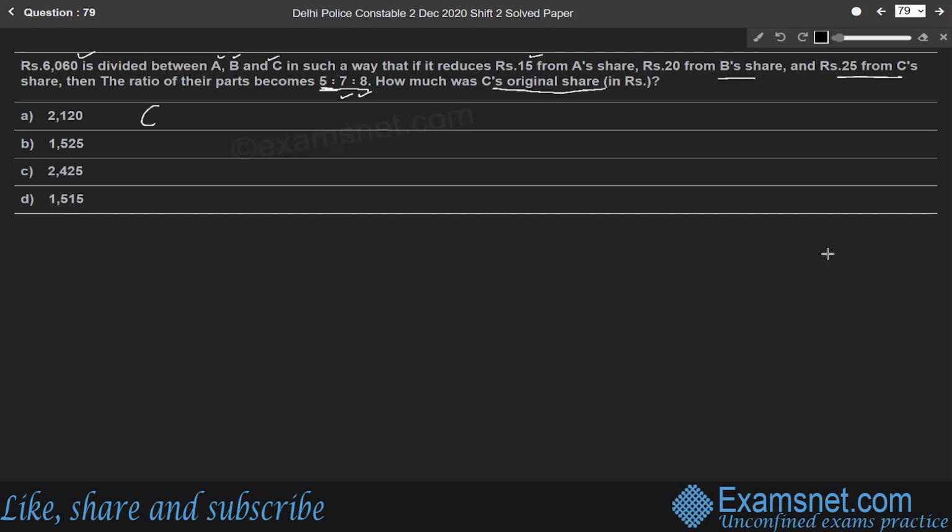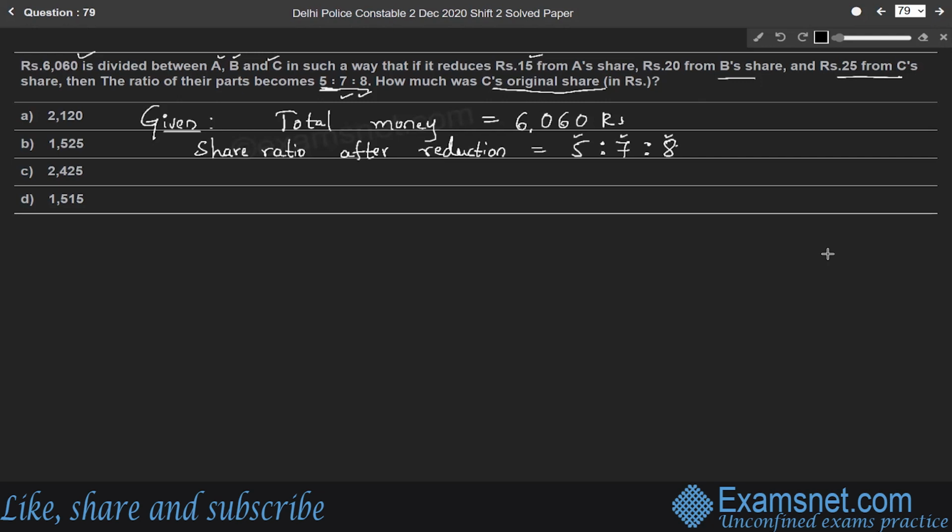So here, given, let us go step by step. Total money is equal to 6,060 rupees. And the share ratio after reduction is 5:7:8. If 5 is the share of A, then 7 will be the share of B and 8 will be the share of C, right? Calculation.